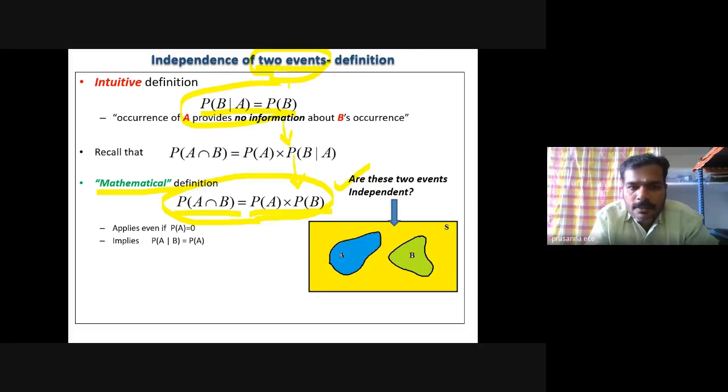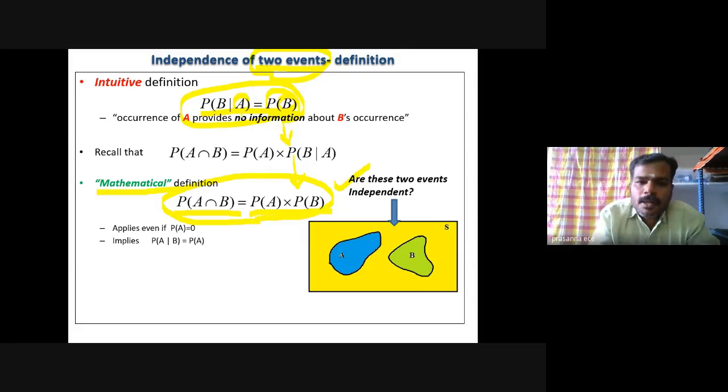So just observe this carefully. The occurrence of the event A does not alter your beliefs about the occurrence of the event B. That is the basic intuition behind independence.